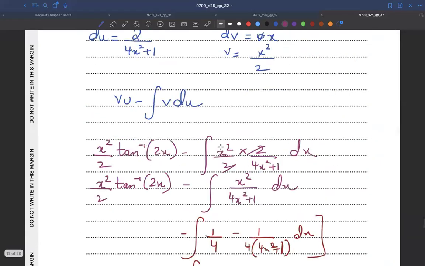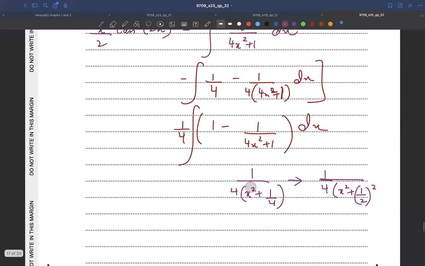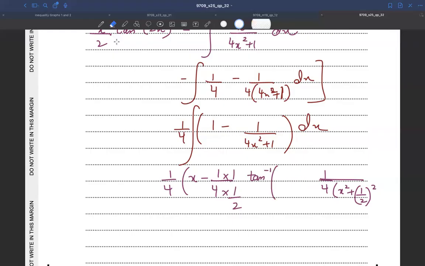So integrating this side now, we'll get 1 upon 4 as it is. The integration of 1 is x minus, and this will be 1 divided by 1 upon 2. Not to forget, we still have the 1 upon 4 over here. It's getting a bit lengthy now, but anyways, so 1 upon 4 and the integration is 1 upon a. So a is 1 upon 2 into tan inverse of x upon a, so x upon 1 upon 2.